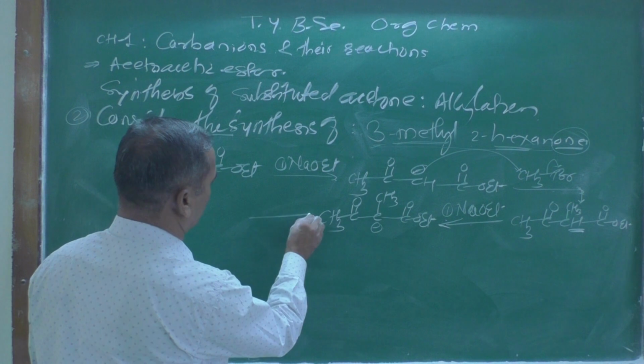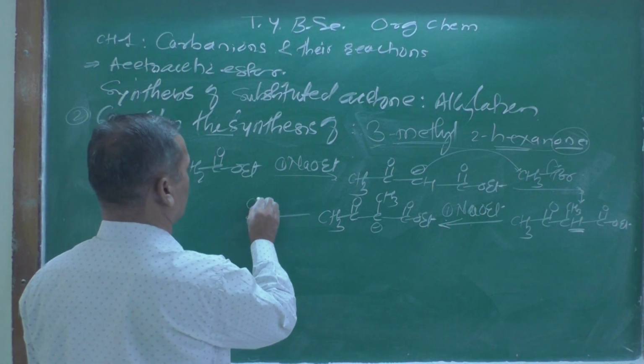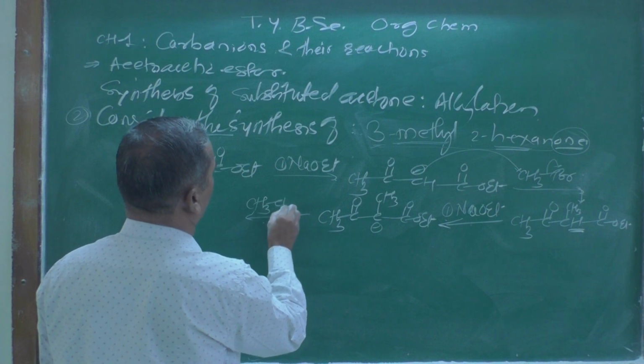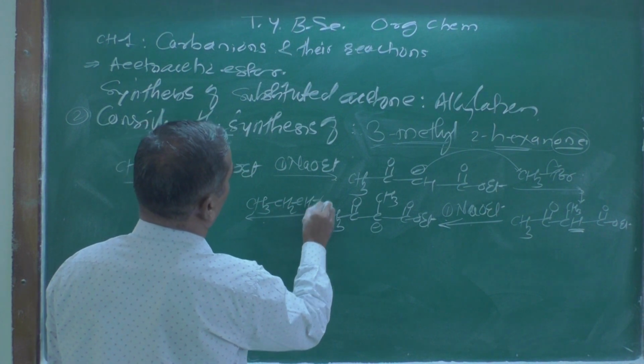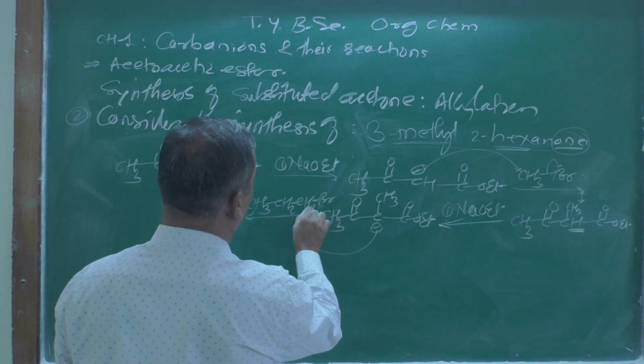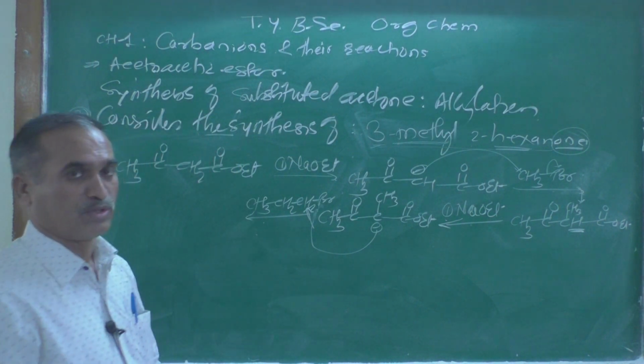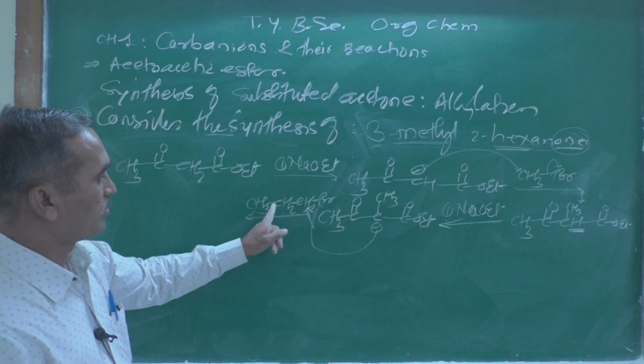Now what should I do? Next I am going to treat this compound with CH3CH2Br, right? Now this negative charge is going to attack this carbon atom, this CH2, not the methyl group. Some of the students are attacking that.